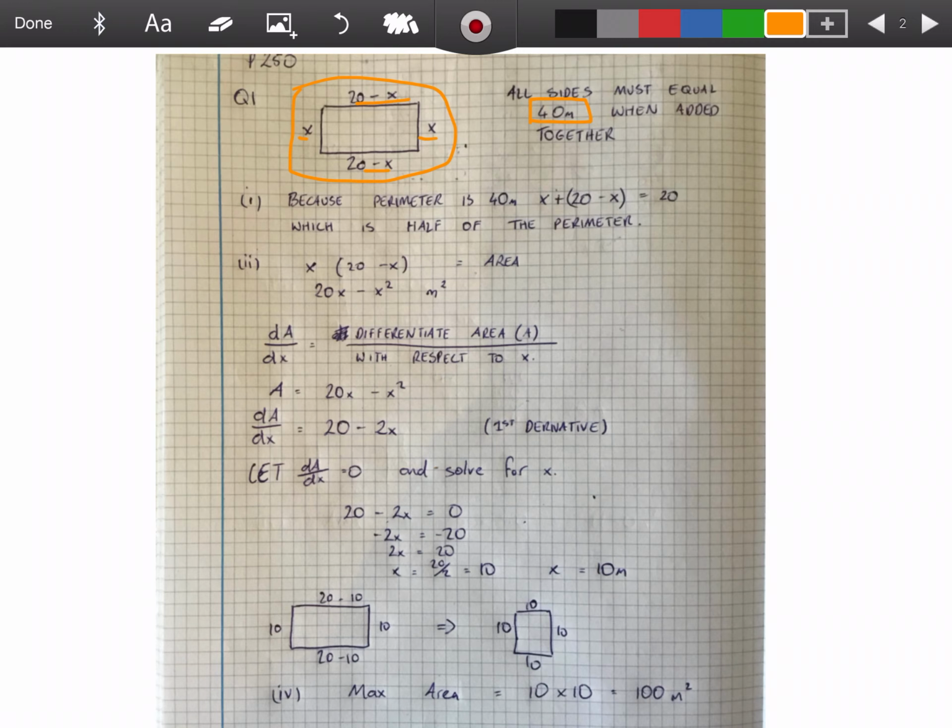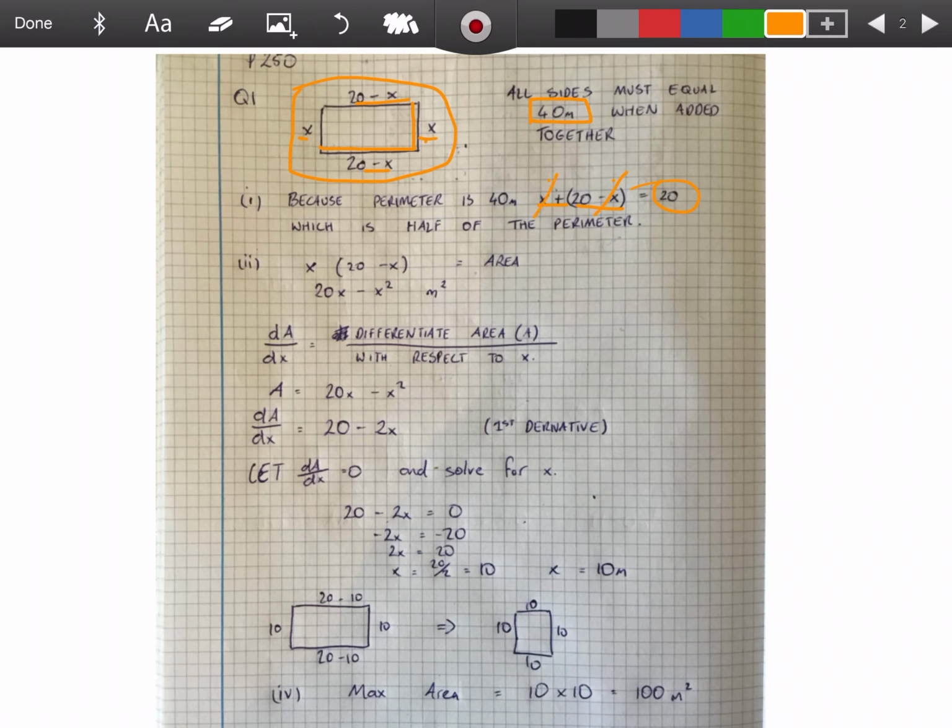So what I've written here for part 1, because the perimeter is 40 meters overall, we know that half of that, imagine, let's say this side and this side, the two of those added together must be half of the perimeter. So we can say that x plus the 20 minus x is equal to 20 for 2 reasons. 1, because it's half of the perimeter, and 2, because x minus x cancel, and I'm just left with that 20.